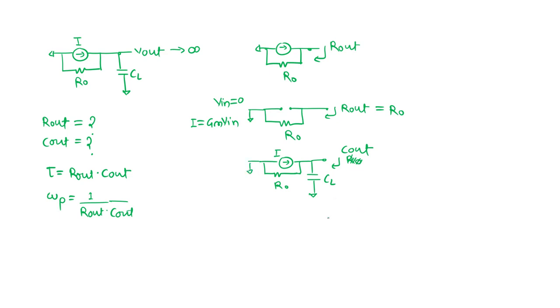So in that case, I'll say that C out is effectively my CL. So what is the pole frequency? At this node, when I am worried about the CL, I will not consider my R naught. So what is the omega P? Omega P is 1 upon R out. So this is the one way when we calculate the effective impedance, effective resistance and effective capacitance at a particular node, we can write the pole frequency there.